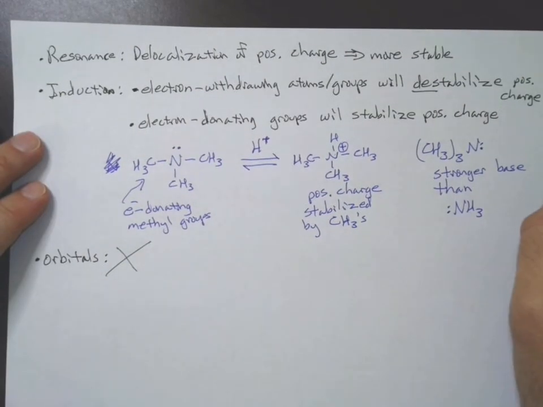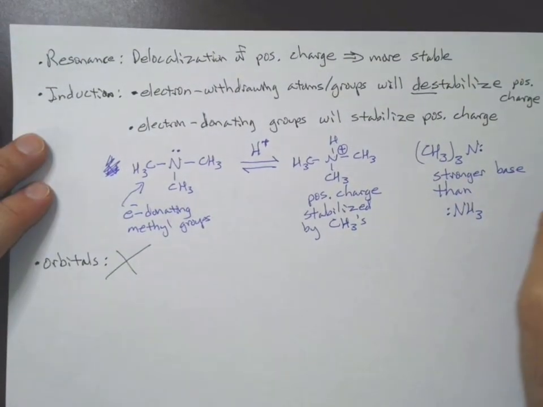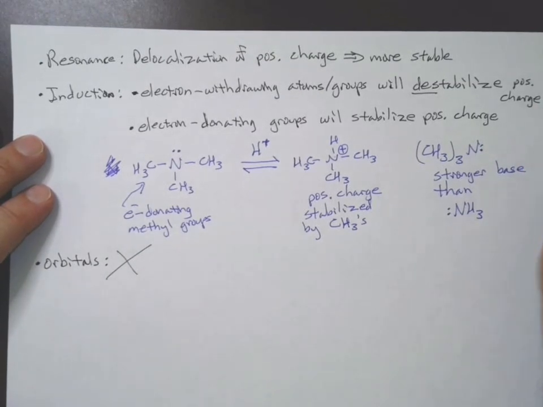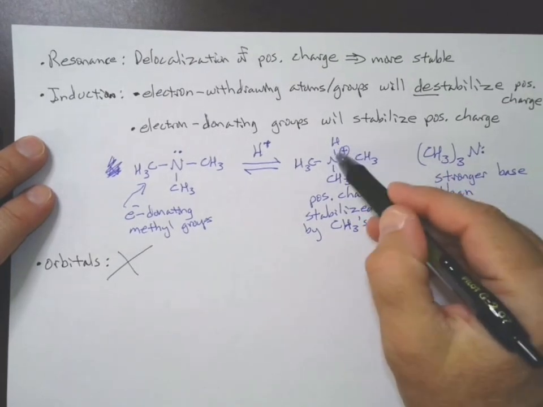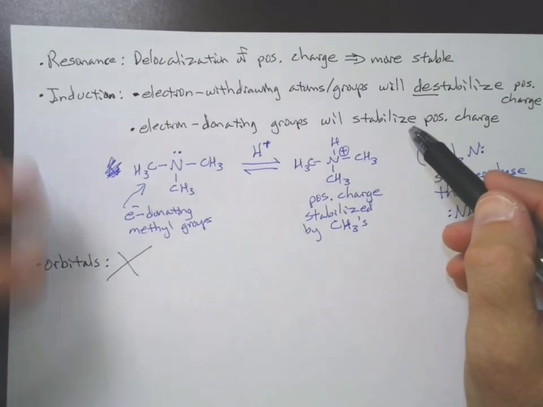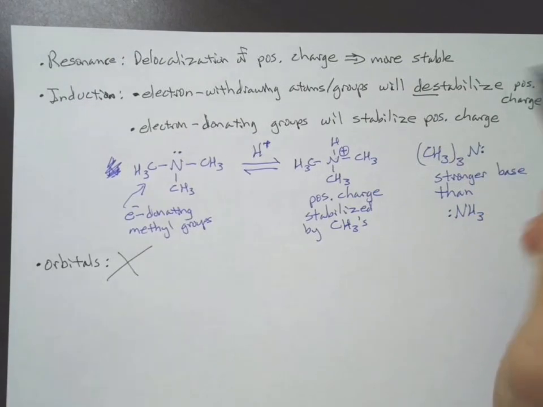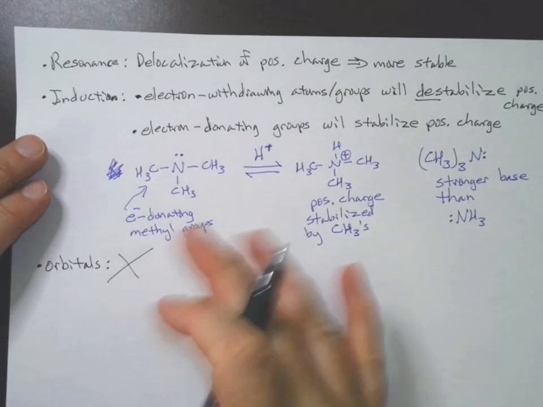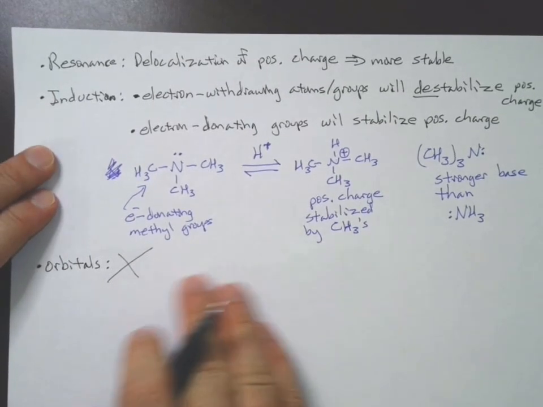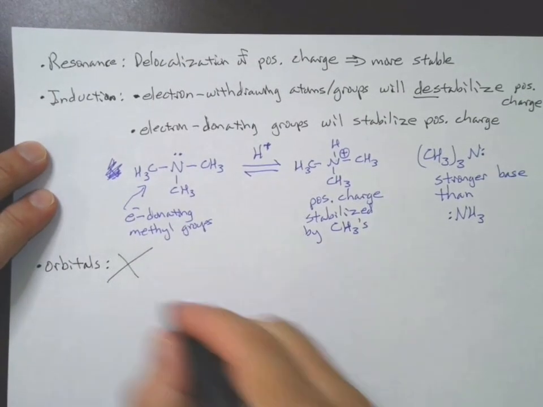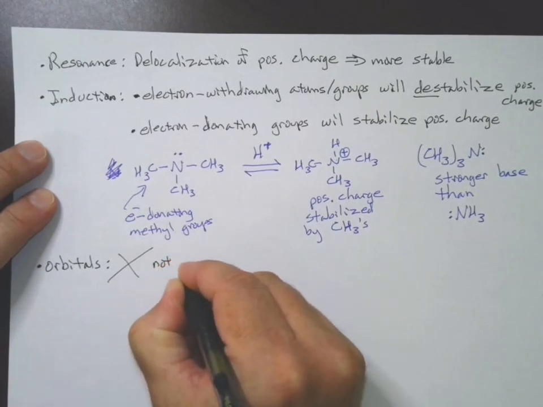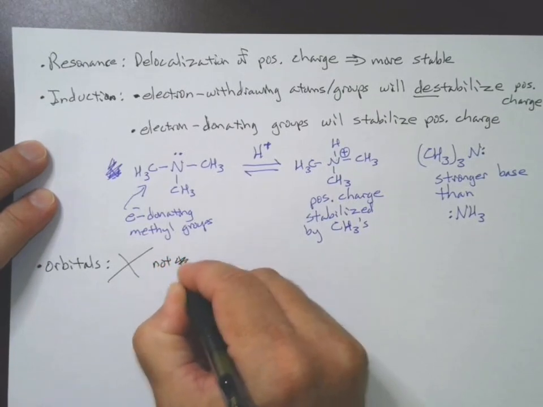So there are cases where positive charge could be an empty p orbital. But in this case, this positive charge is not in an orbital. We can have a lone pair in an orbital, but orbitals are not going to play a role in looking at the stability of our positive charges. So we'll say here, not relevant.